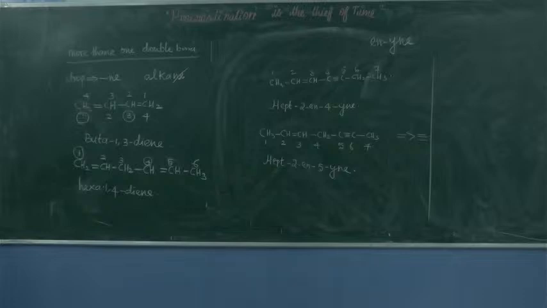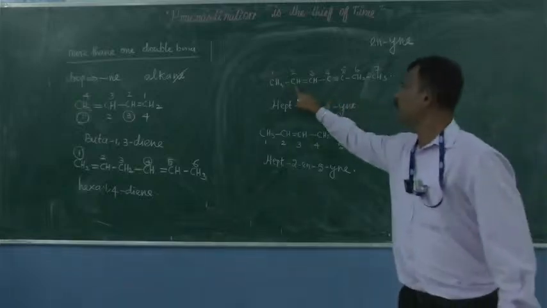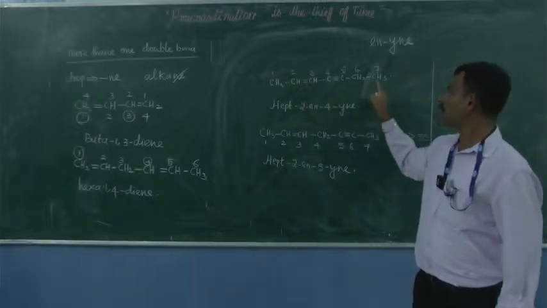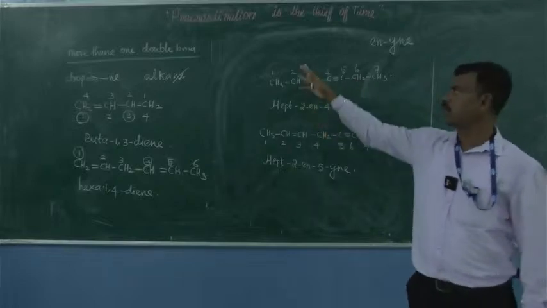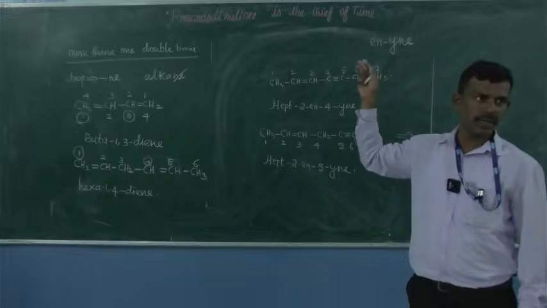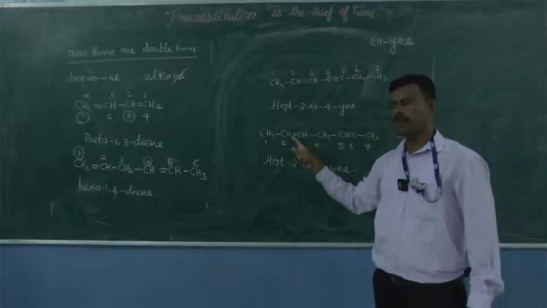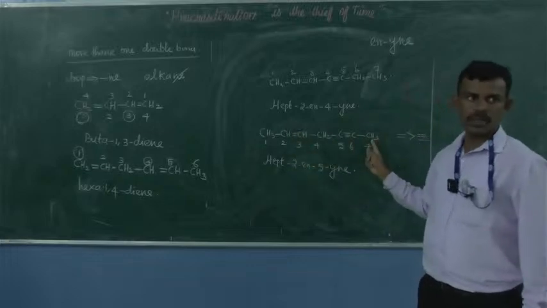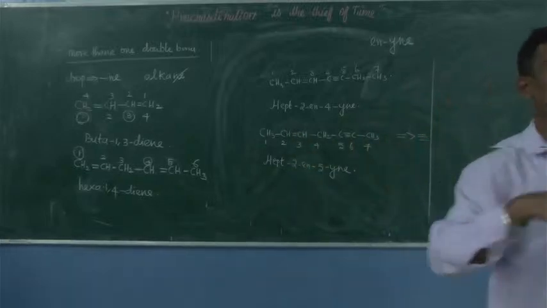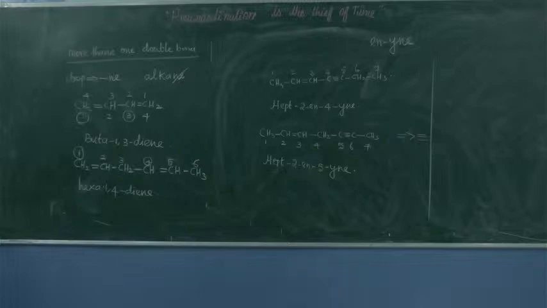You have to go for the numbering. In the first case, here it receives 2, and from the other side it receives 1, 2, 3. This is the lowest number, 2, so I moved in this direction. Lowest number. Is it clear? In the second example, both start at the same number, 2 here and 2 here. Then you have to give the preference to the double bond rather than the triple bond. Is it clear? It's a very important example.